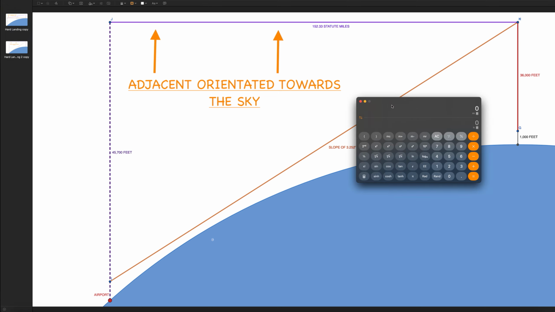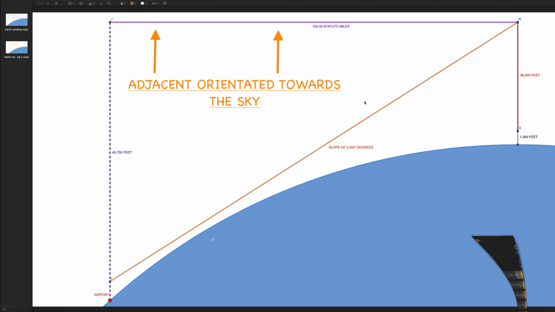Now, before I go into that, what I must point out is that they must orientate the adjacent towards the sky. For this to happen, they must do that, right? They can't orientate it towards the ground because it won't work. They must orientate the adjacent towards the sky and fly along the hypotenuse this way, right?